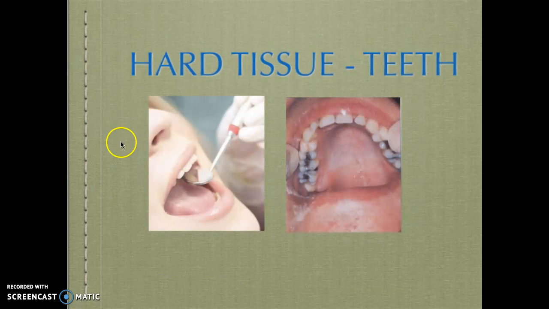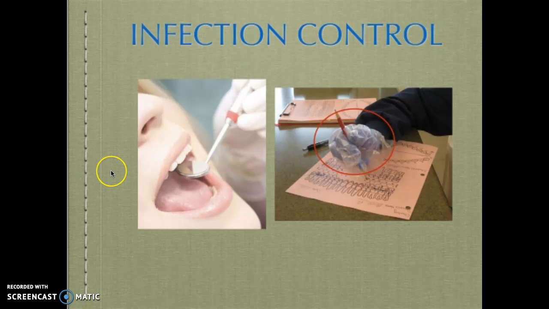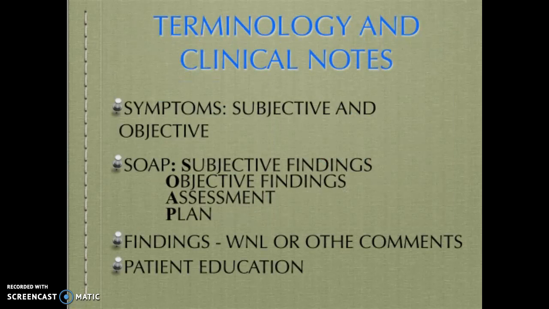And we're also going to look at the hard tissue, the teeth, for fractures, obvious carious lesions, or any other condition that would be of concern to the patient. If you're an RDA and you're performing this procedure on your own, you want to make sure that if you're writing or even using a computer, that you're using some kind of barrier and overglove and your PPE.